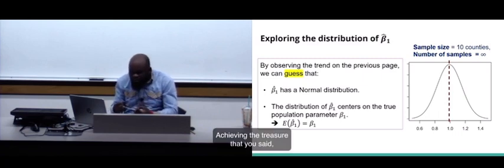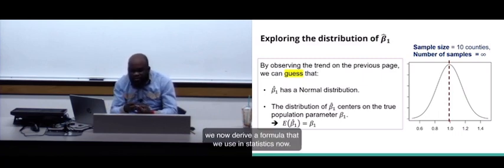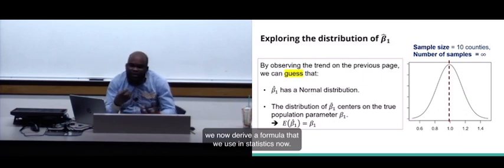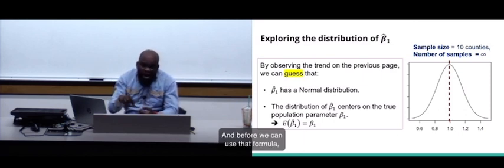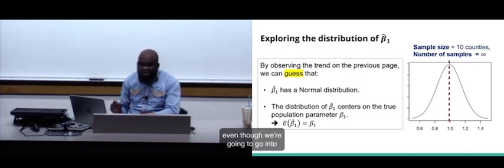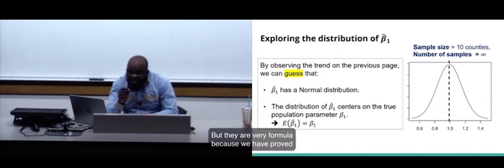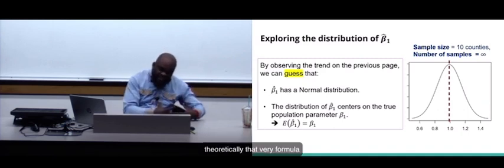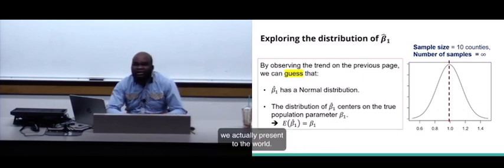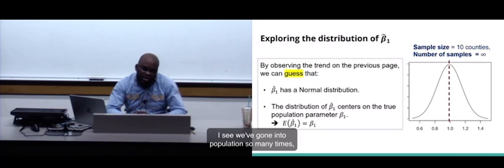Achieving the threshold that you mentioned, we now derive a formula that we use in statistics. Even though we only go into the population once, because we have proved that formula theoretically, we present it to the world as if we've gone into the population so many times. But there is a condition in the formula.